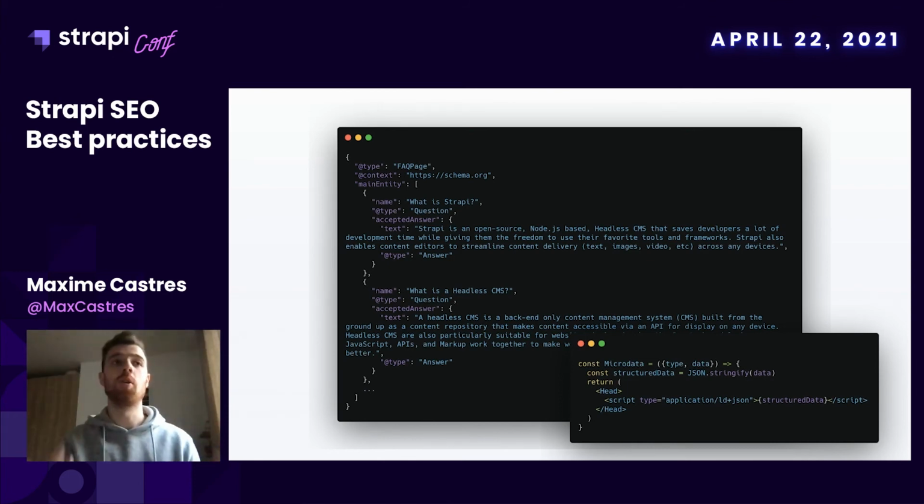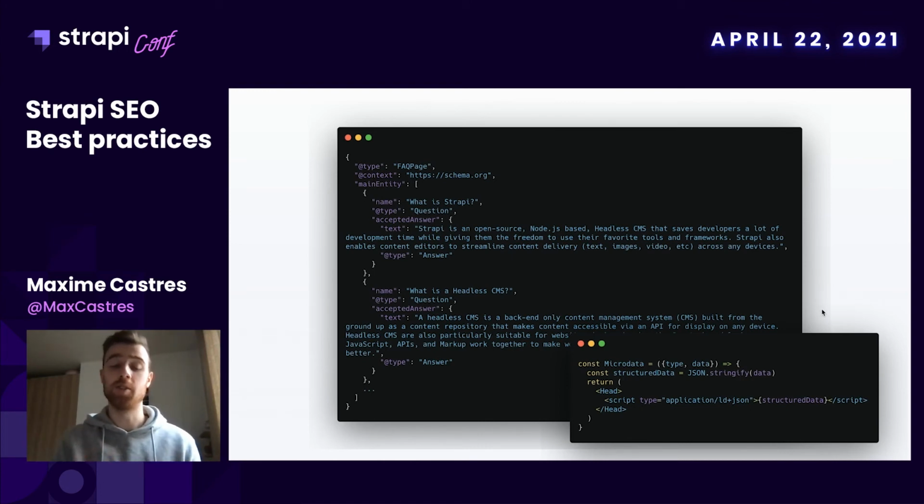And so with the metadata, the search engines will be able to really understand what your content is about. But with structured data, it will be able to really show in different ways what your data is about. So if it is an FAQ, it will directly include the questions and answers in the search results. If it is an article, it will automatically show you an article with the image, etc.